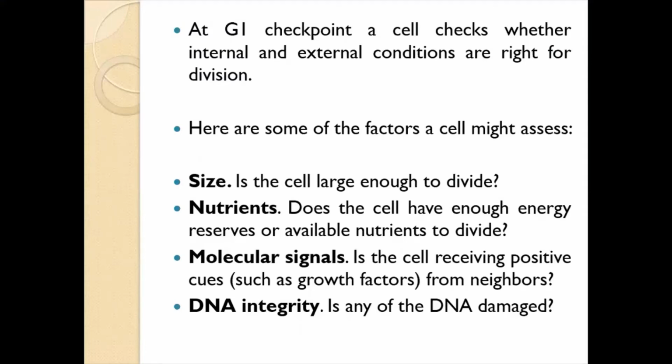When a particular cell is present in a nutrient rich condition, that means they have enough energy reserve or available nutrients for their division phase. So if they have enough nutrients, they will go through the G1/S transition, or else they will not pass through the G1/S checkpoint. Third is the molecular signals.